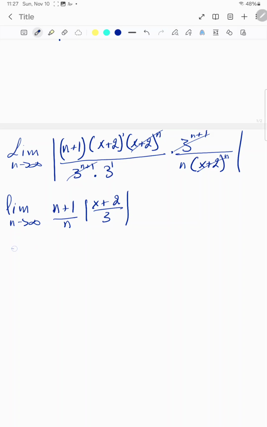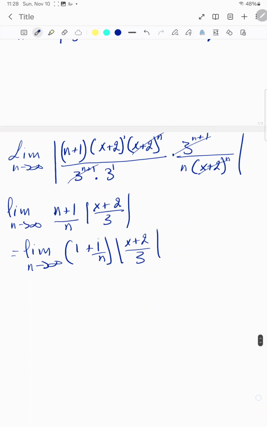So this becomes equal to the limit when n goes to infinity of n divided by n, which is 1, plus 1 over n, times the absolute value of (x plus 2) divided by 3. So when n goes to infinity, 1 divided by infinity is equal to 0. So I will have 1 multiplied by the absolute value of (x plus 2) divided by 3, which is the absolute value of (x plus 2) divided by 3.